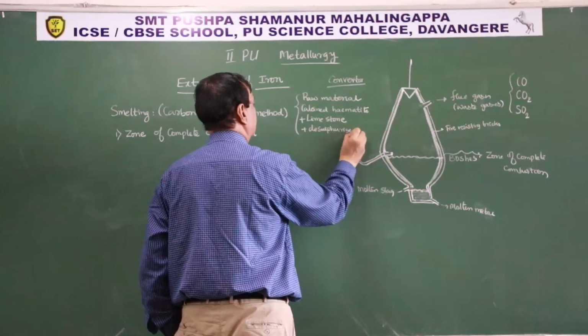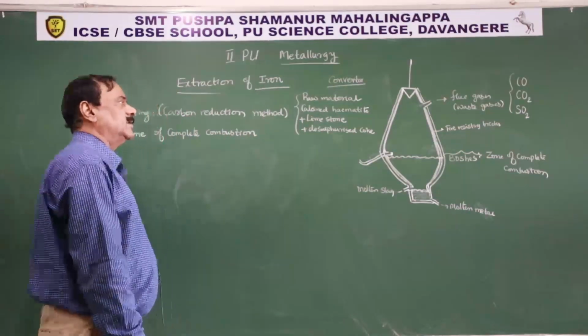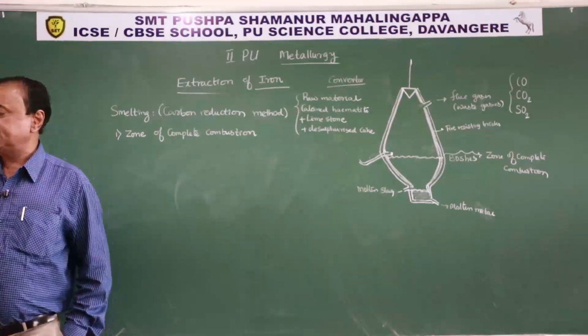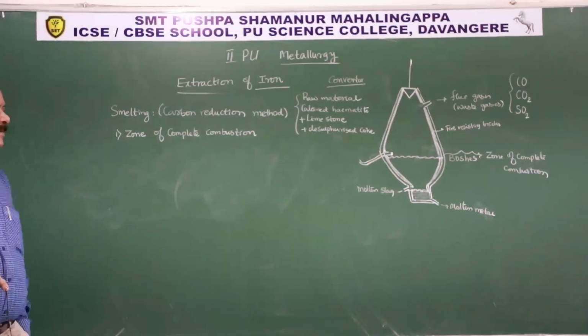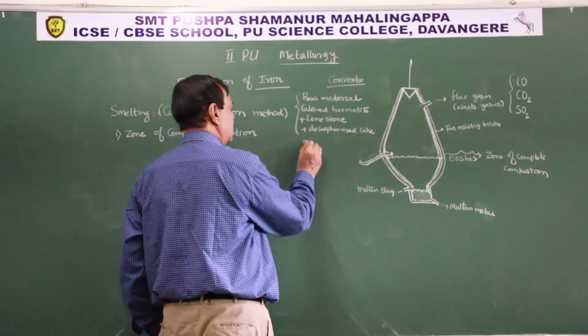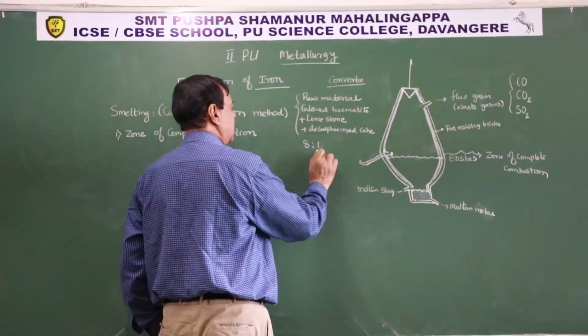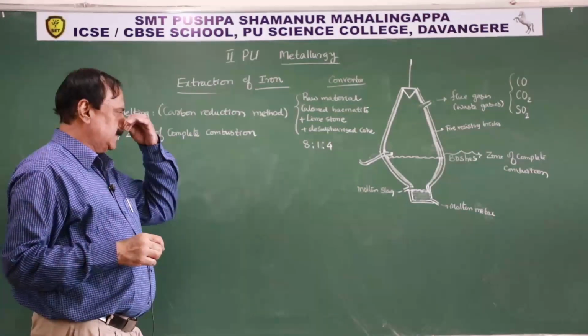The raw materials required for the extraction procedure are calcined hematite, limestone and desulfurized coke in the ratio of 8:1:4.